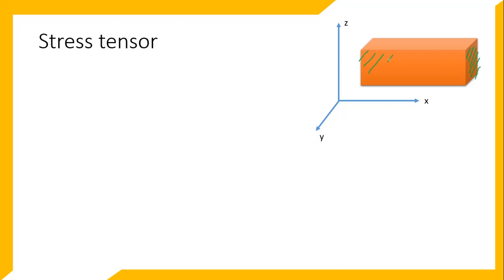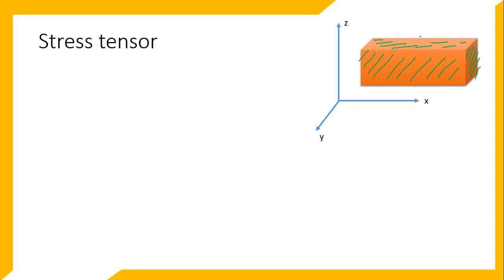This is the positive y face, and here I have my positive z face. So I have 3 positive faces and 3 negative faces. I will consider these 3 faces, and everything happening here will be just opposite to what is happening in the face in its opposite direction.